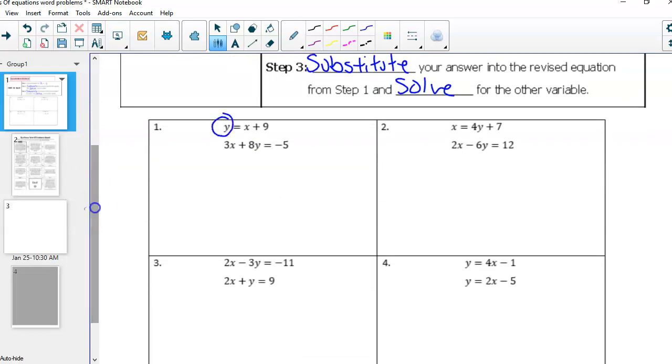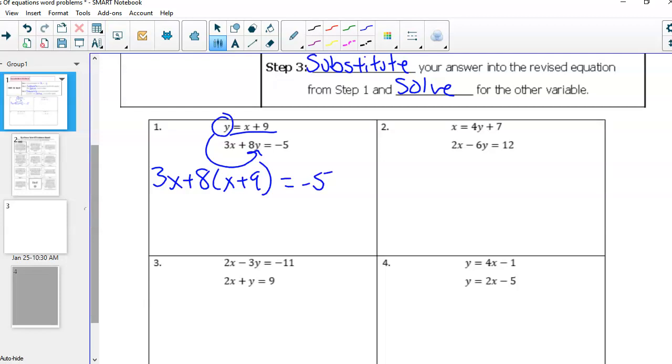So you're going to take that equation and put it in anytime you see a y, into the other one. Not into the same equation, but into the other one. So in the second equation where I see y, I'm going to put x plus 9, since y equals x plus 9.